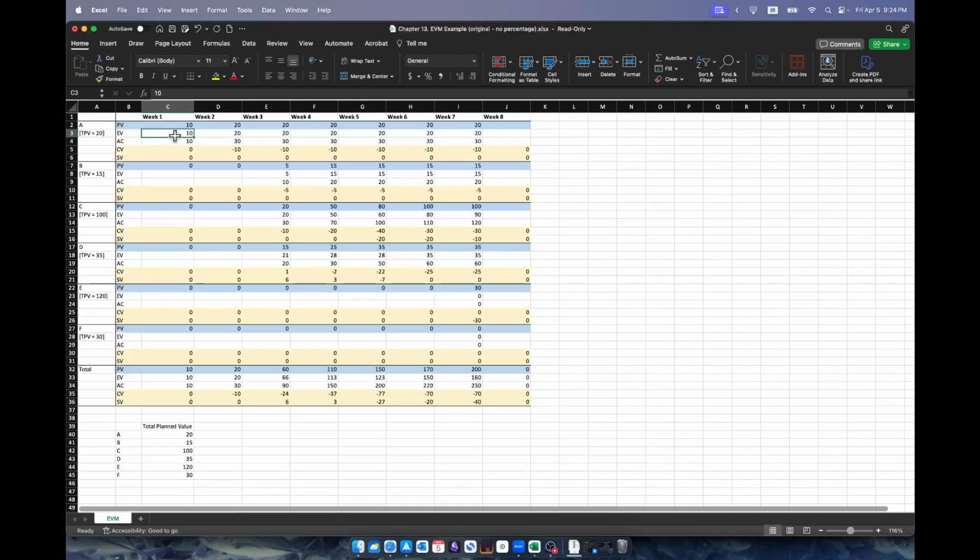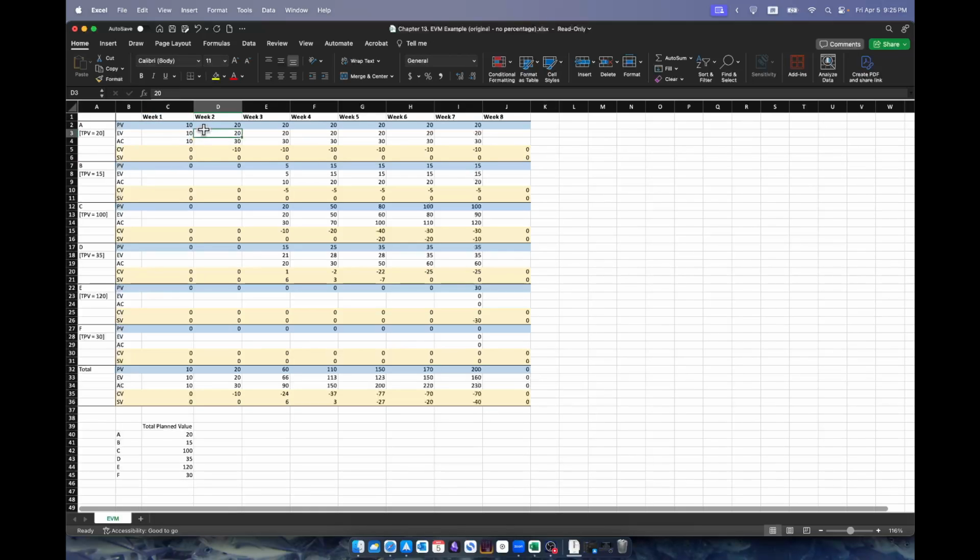And in completing the 50%, with earned value of 10, your actual cost is 10. So everything is 10, so this is good. Your cost variance, which is earned value minus actual cost, is 0. And your schedule variance, which is the earned value minus planned value, is also 0.